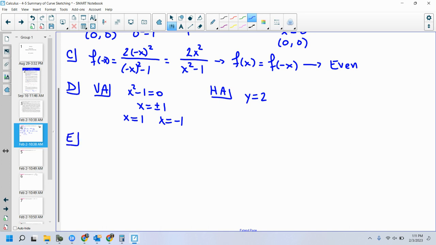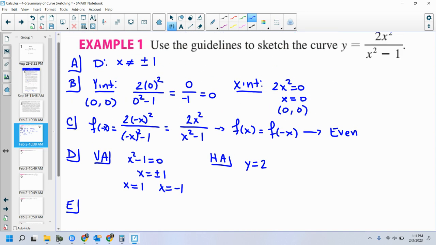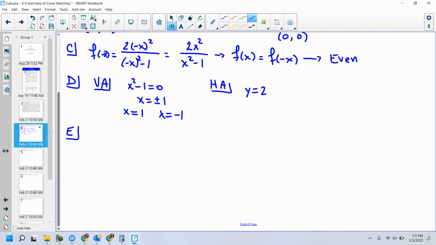Let's start with the increase-decrease test. I'm going to write this over here so I have it: 2x squared over x squared minus 1. Okay, so let's find the derivative. Be careful, I've got to use the quotient rule here, right?